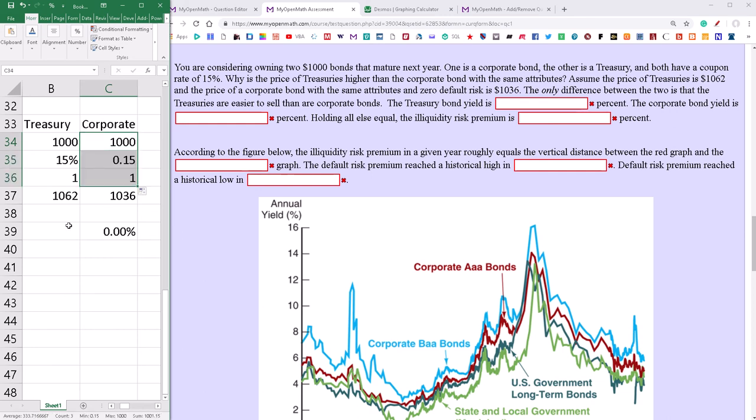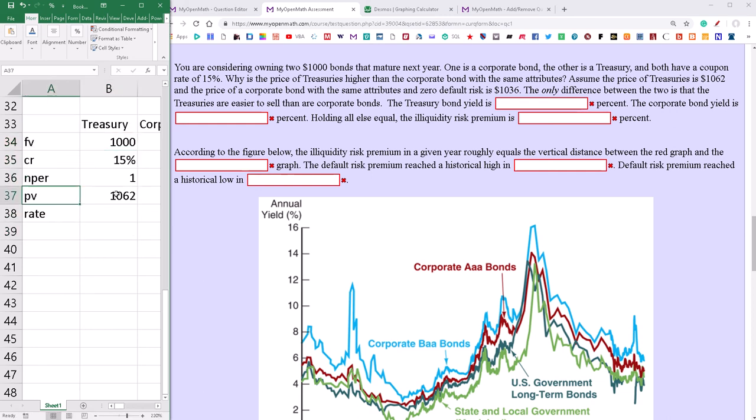Okay, now we need the rate. So equal rate. The number of periods. 15% of 1,000 is $150. The price is 1,062 and the future value is 1,000. So I'll go ahead and pull this over here.